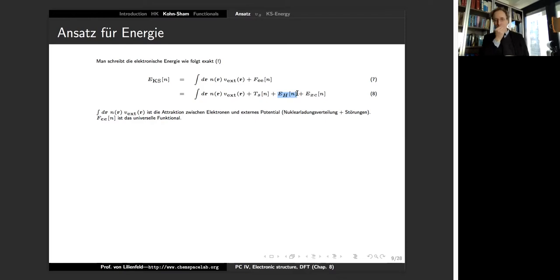So the classical or Coulomb repulsion, it's the same thing. So classical electron density repulsion, which imposes overcounting, and it also imposes lack of quantum behavior.